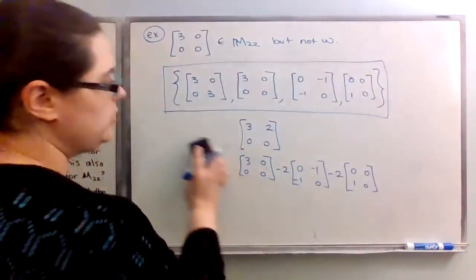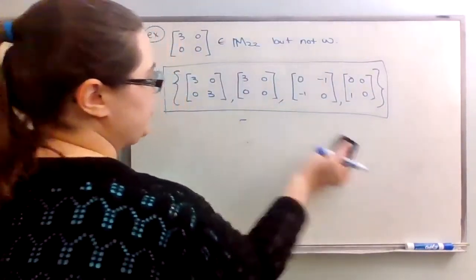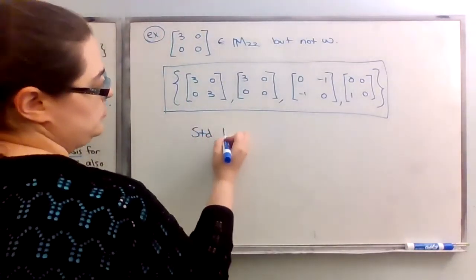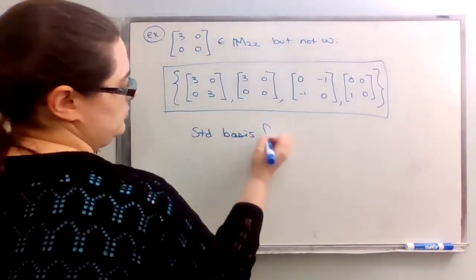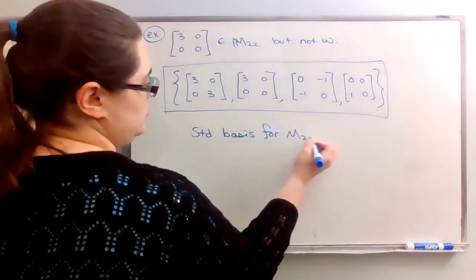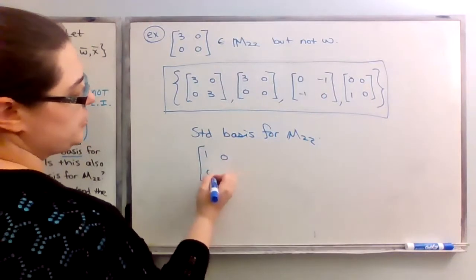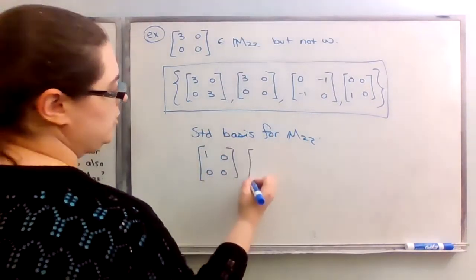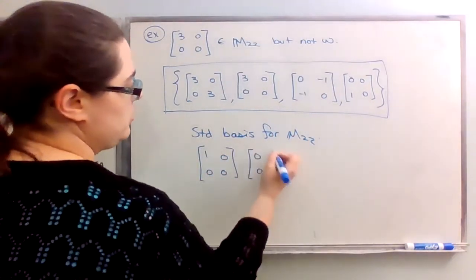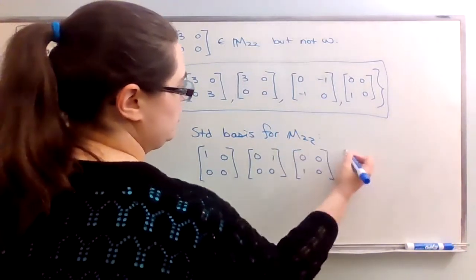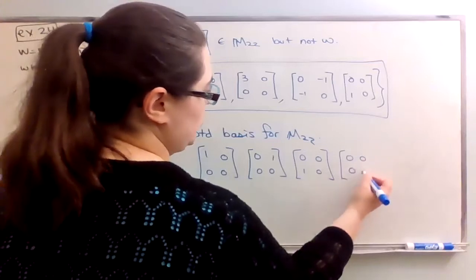But in general, if I want to have the standard basis for M22, that's going to be where you have 1, 0, 0, 0, 0, 1, 0, 0, 0, 0, 1, 0, and 0, 0, 0, 1.